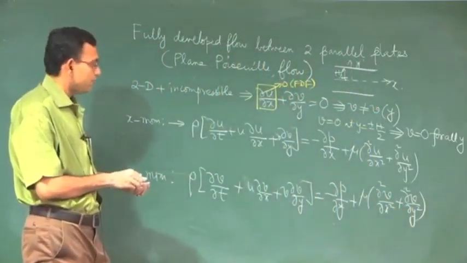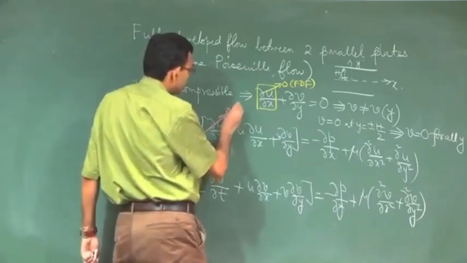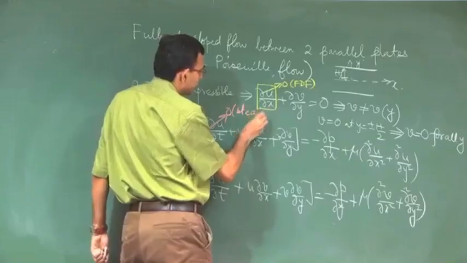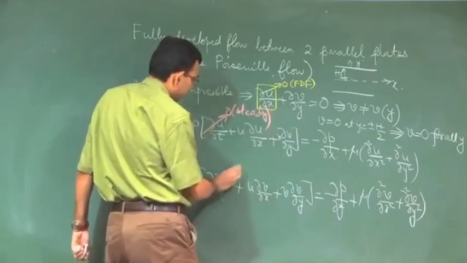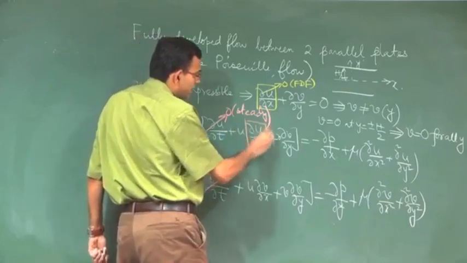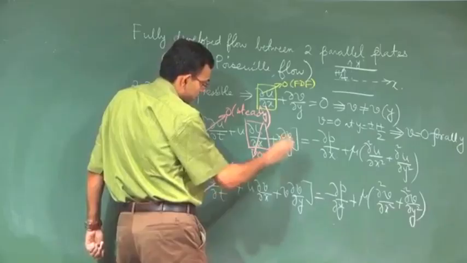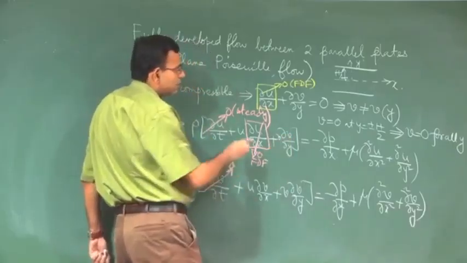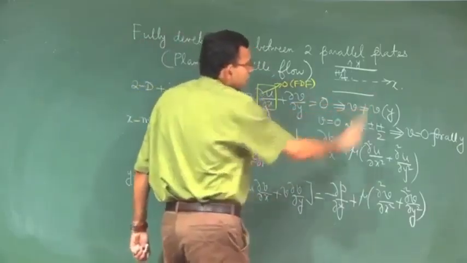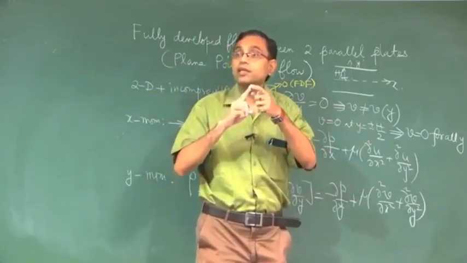We now assume the following: we assume it is a steady flow. Then because it is a fully developed flow, this is 0, and the corollary of fully developed flow is V equal to 0 provided there are no holes at the wall.